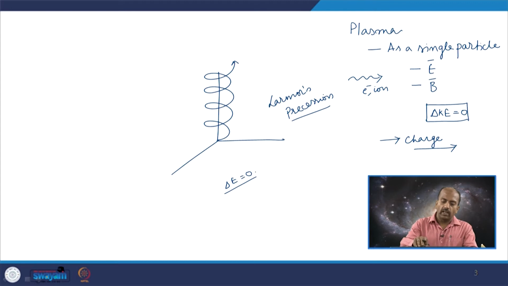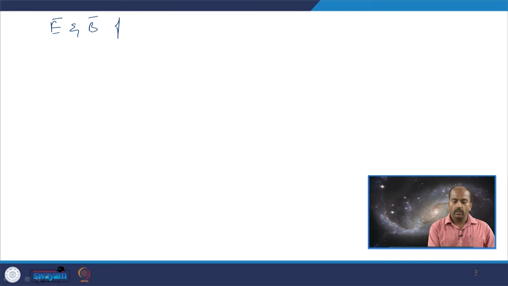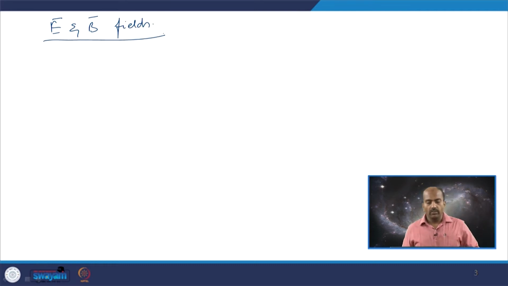In today's class, in continuation of this discussion, we will consider perpendicular electric and magnetic fields. We will consider an example in which there is an electric field and also a magnetic field, perpendicular to each other, and you allow a single particle to experience this type of field.